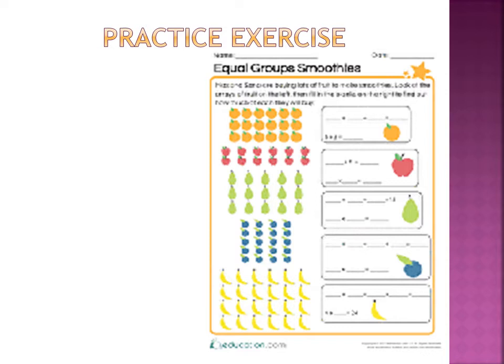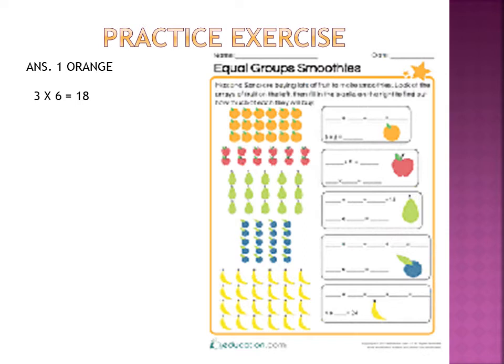In the first group, how many oranges are there? 1, 2, 3, 4, 5, 6. So 6 oranges and 3 groups. We write them as 3 into 6, which comes out as 18.